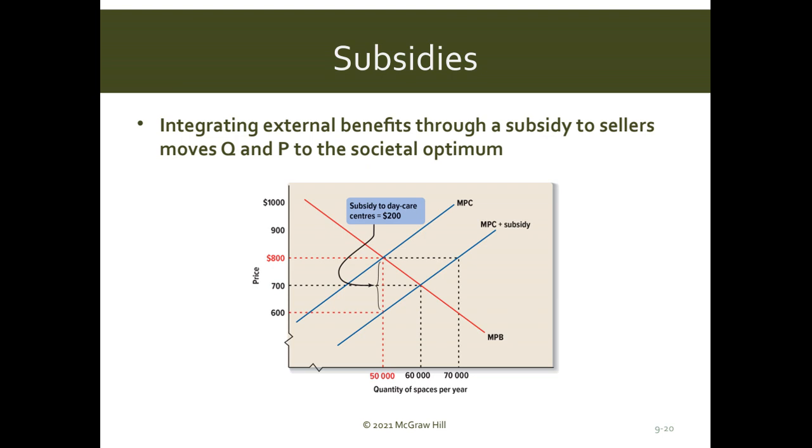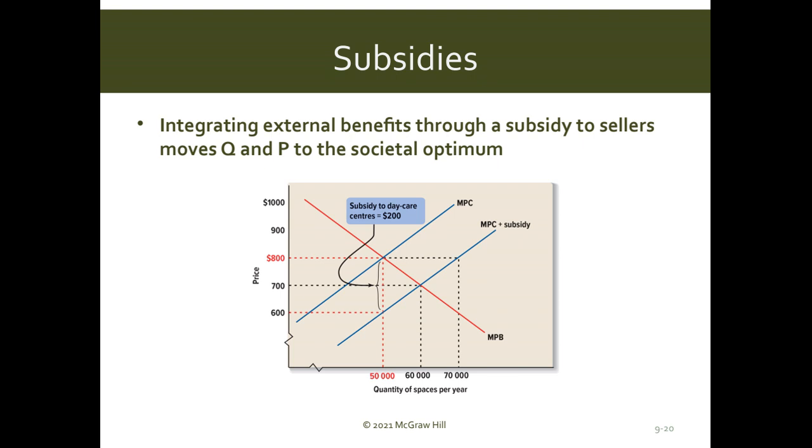Now I'm going to show the same thing again, but this time, read this first. Integrating external benefits through a subsidy to sellers, not to consumers, that is students, parents basically, but to sellers. This is an example of daycare. The government thinks that daycare has external benefits.